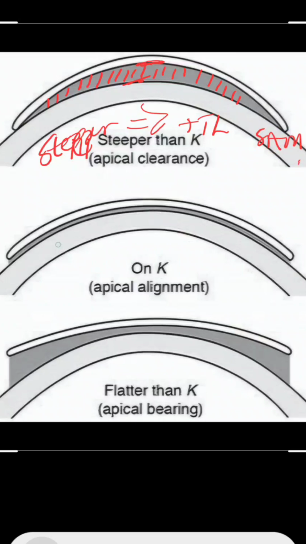Okay, now the second diagram shows us a lens that is well aligned with the K. So this lens is said to be on K. So the base curve is equal to the flatter meridian. They are the same.